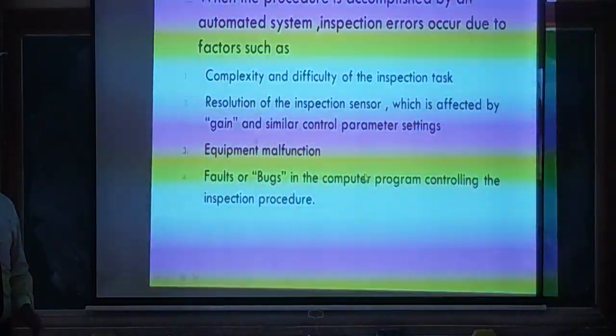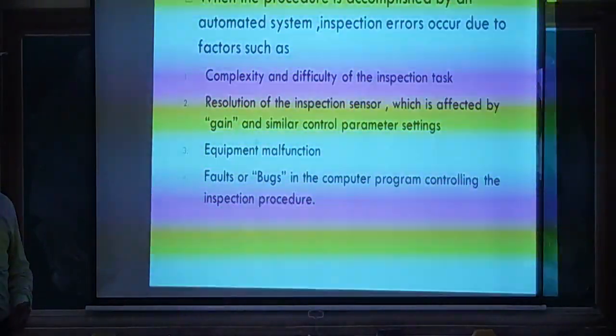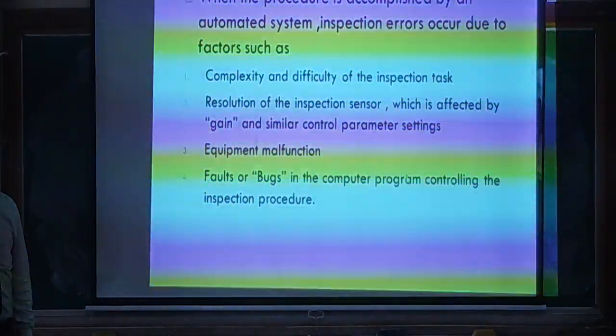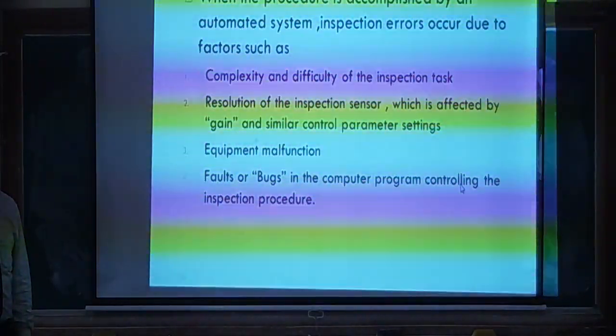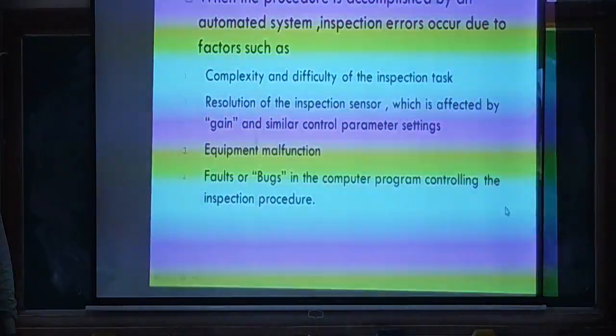If some bugs are there in the computer, if it is not programmed properly, the faults are there, then that will lead to the error in the inspection procedure.